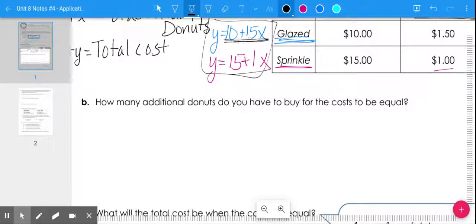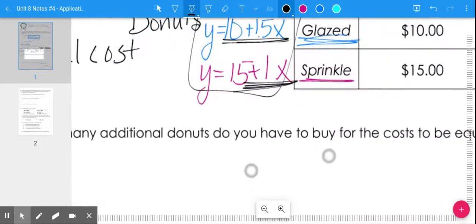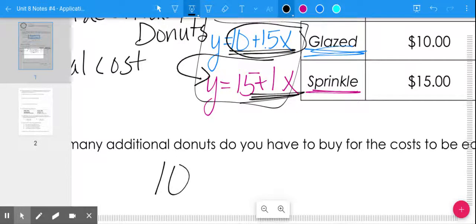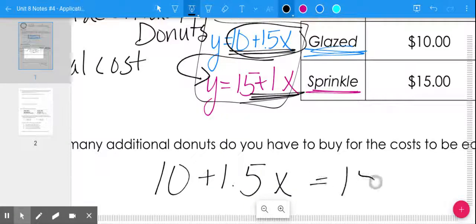So I'm going to set those two pieces equal. We're basically taking this 10 plus 1.5x and plugging it in for the y. We're going to plug that in for the y and set those equal to each other. So now I'll have 10 plus 1.5x is equal to 15 plus 1x.